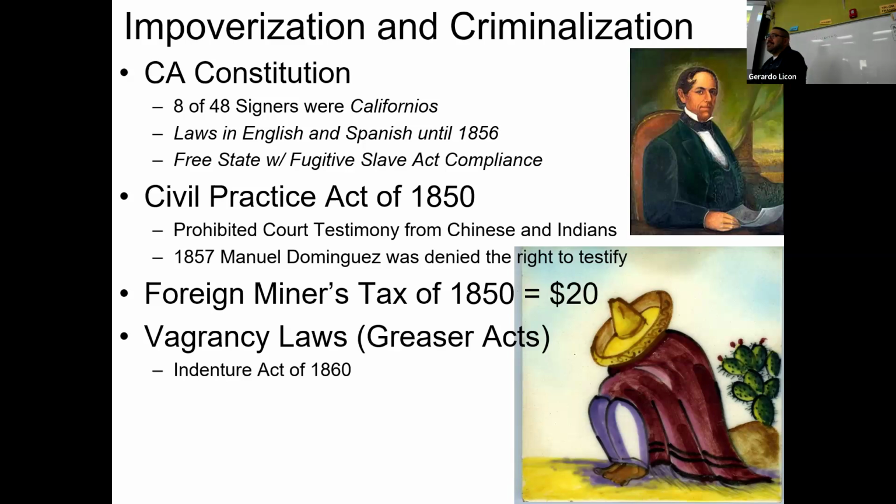But this wasn't considered slavery because they called it an apprentice program, an apprenticeship or indenture. You know, there was an end period to it, so not indefinite slavery.